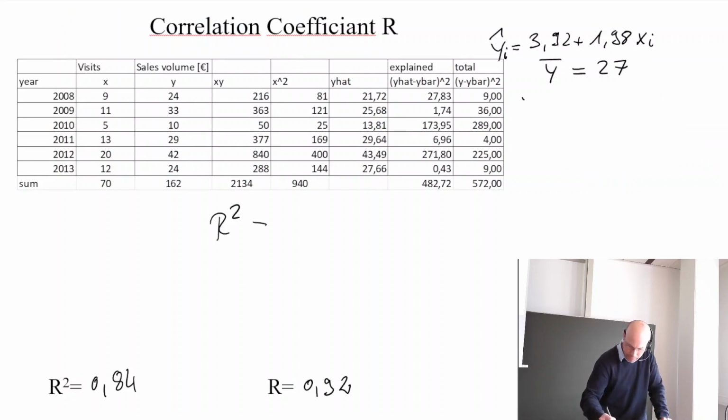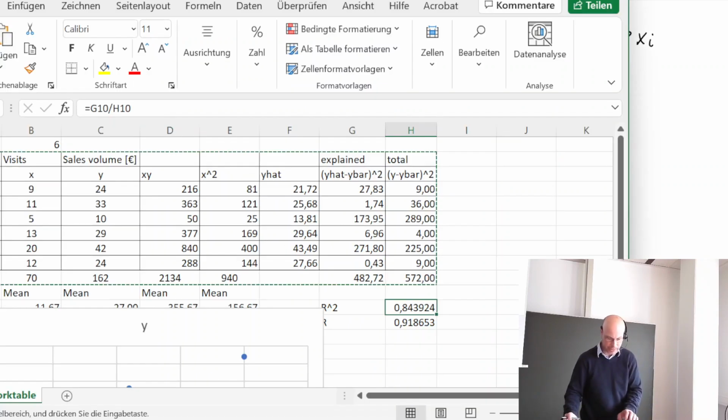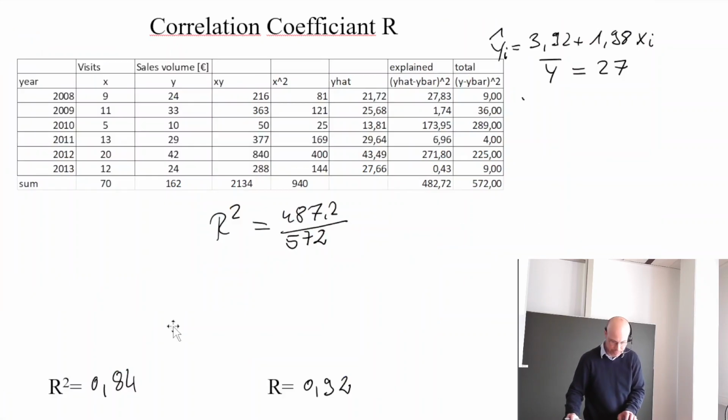So r squared is 487 over 572, and let's take also this picture here.